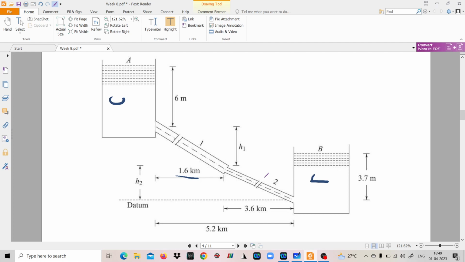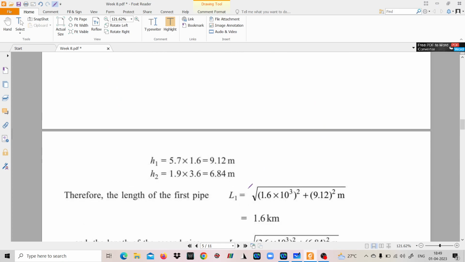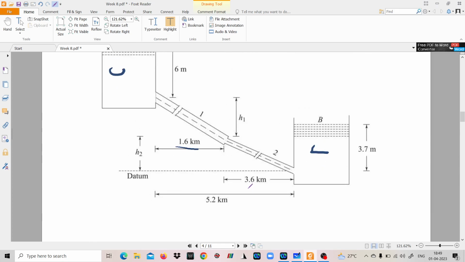Okay, so let us see. What is H1 and H2? From here to here this gap is H1, and from here to here this is H2.